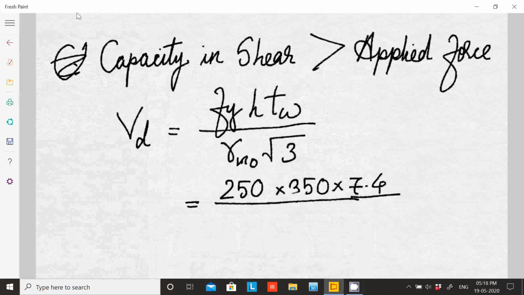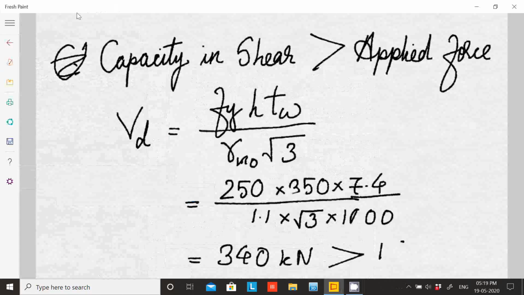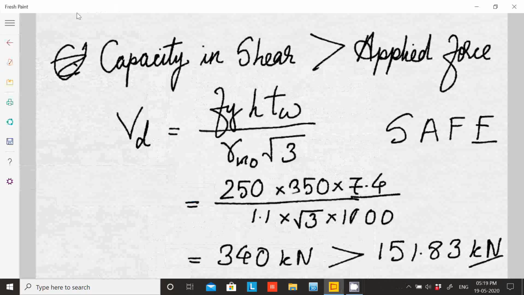Then gamma m naught is 1.1 into root 3, and we divide it by 1000 to keep it in kilonewton. So ultimately we are getting 340 kilonewton, which is greater than the applied value of 151.83 kilonewton. So we can say that it is safe.